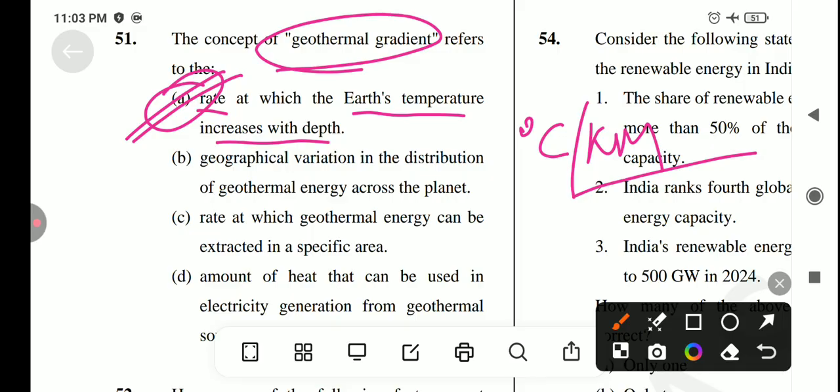And if we're talking about the applications, there are two types of applications, like geothermal energy, which comes under the understanding the geothermal gradient is very important to identify potential locations for geothermal power plants.